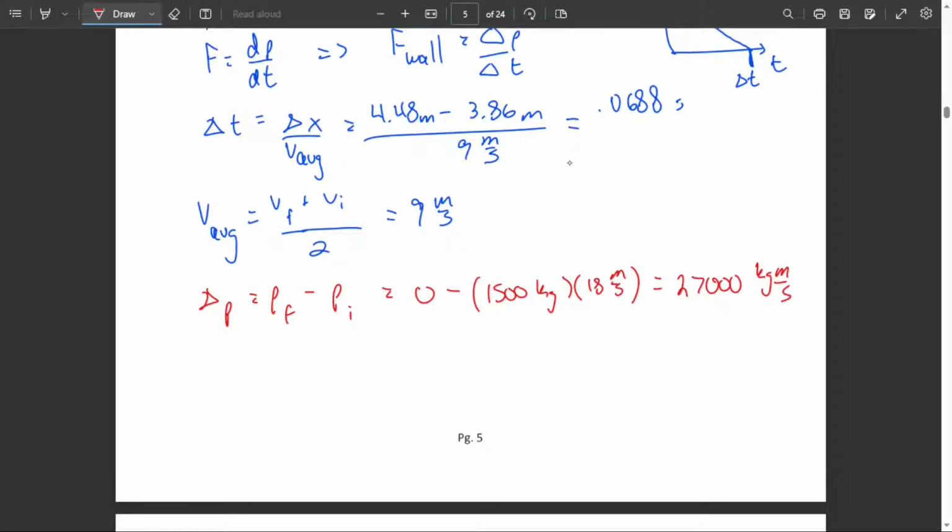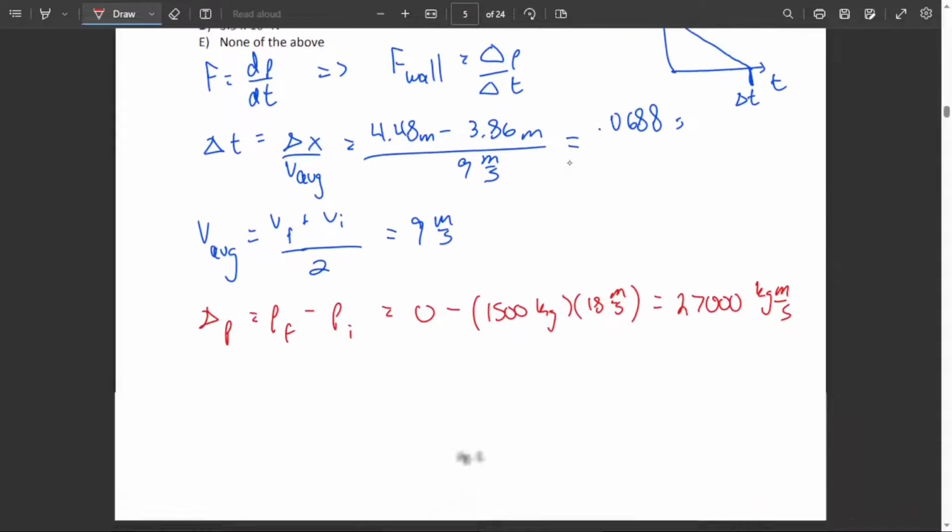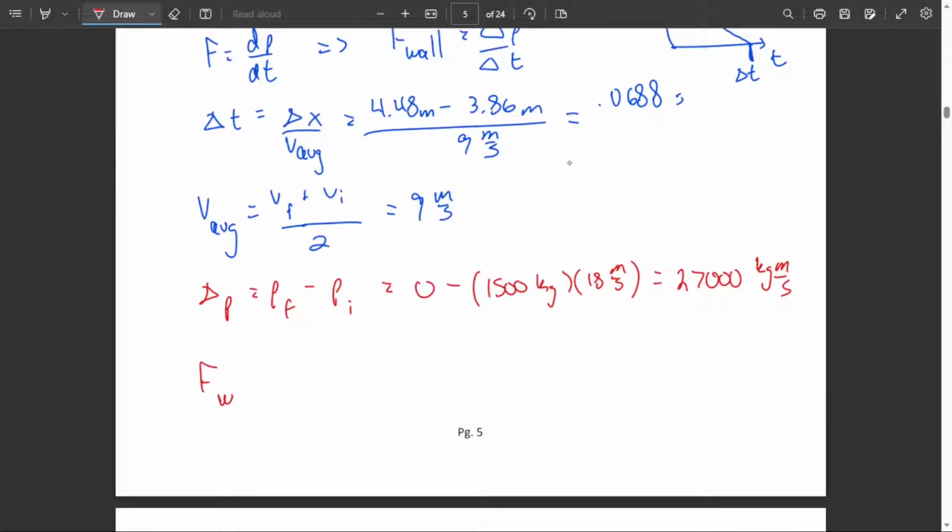And then that's everything we need to calculate the average force. When we do the calculation, I get 3.9 times 10 to the 6th newtons.